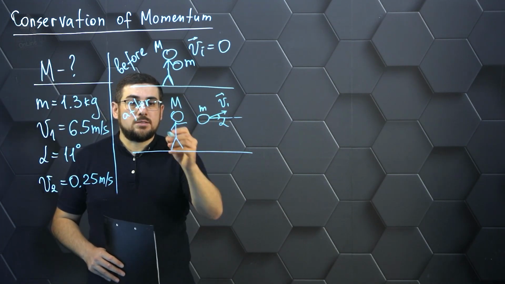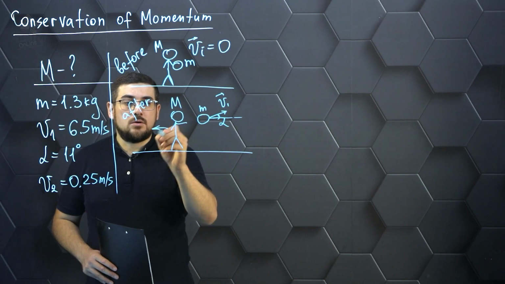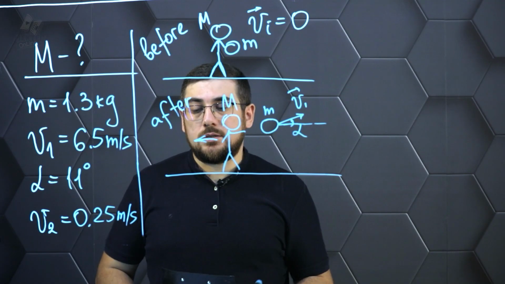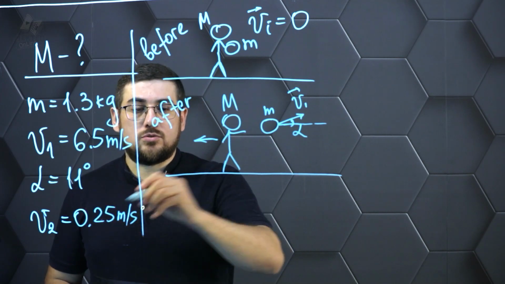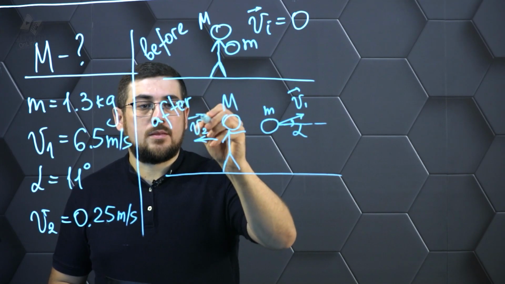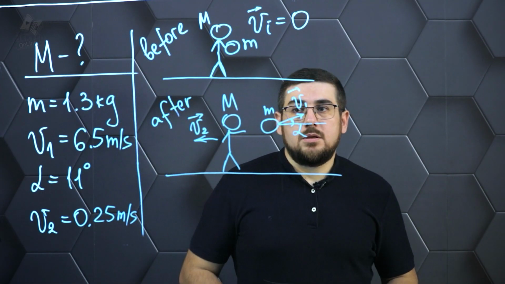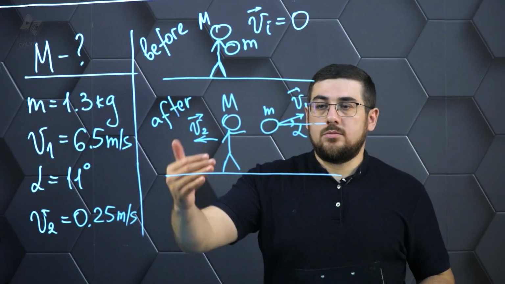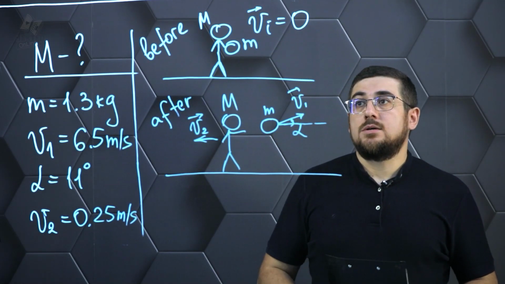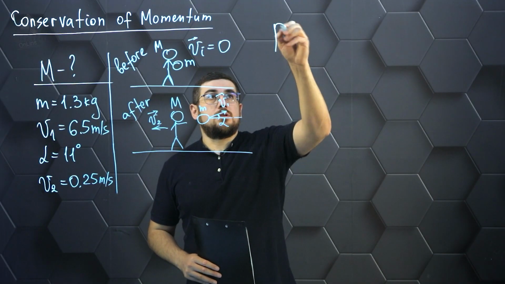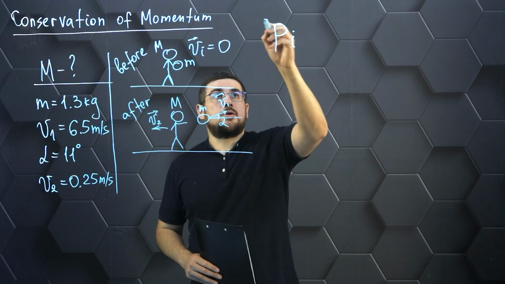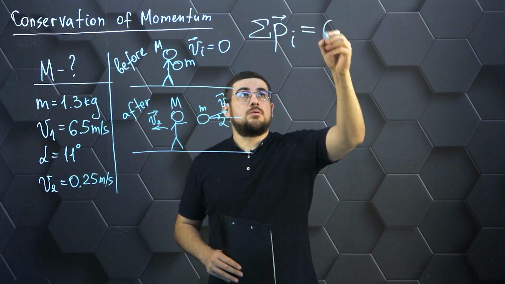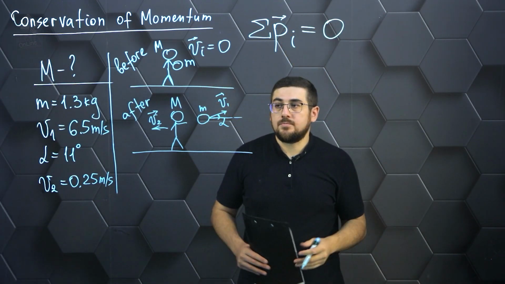Accordingly, the hockey player himself started moving in the opposite direction, so he can move strictly on a horizontal surface, but with velocity v2. Now our task is to calculate the total momentum before and after this throw. What is obtained at the initial momentum? That is, the total momentum for the given system before the throw, as we see, will be equal to 0.